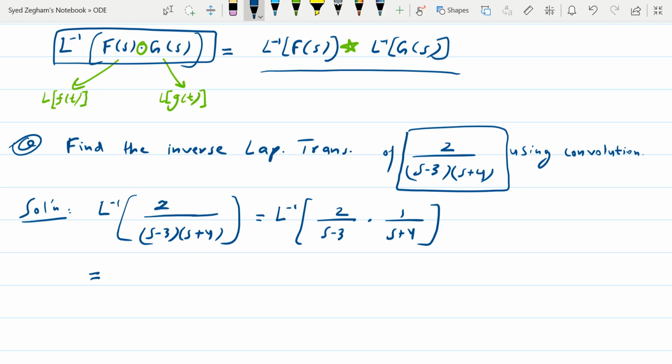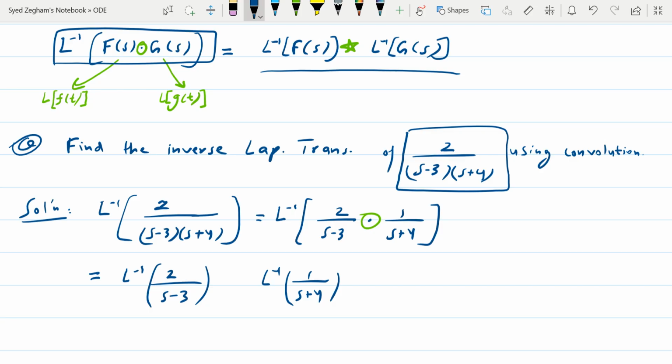When we distribute this L inverse, L inverse of 2 over (s minus 3) and L inverse of 1 over (s plus 4), this multiplication will get converted to convolution.